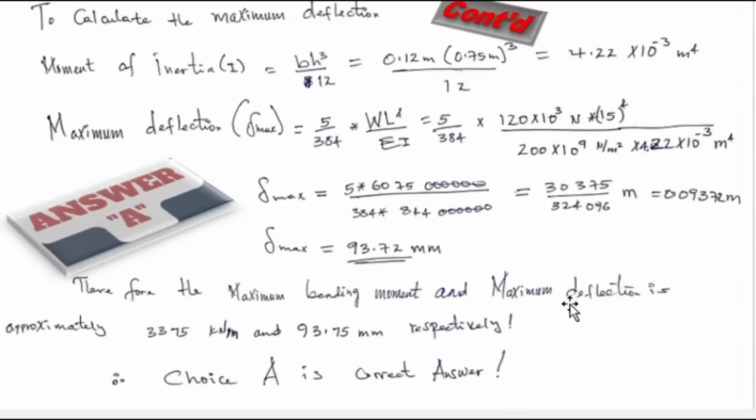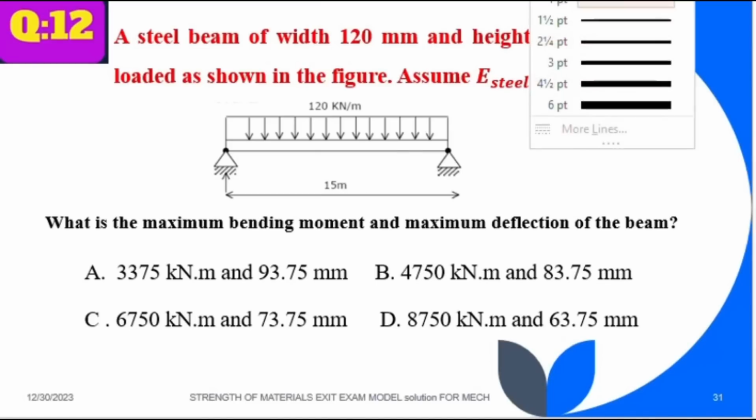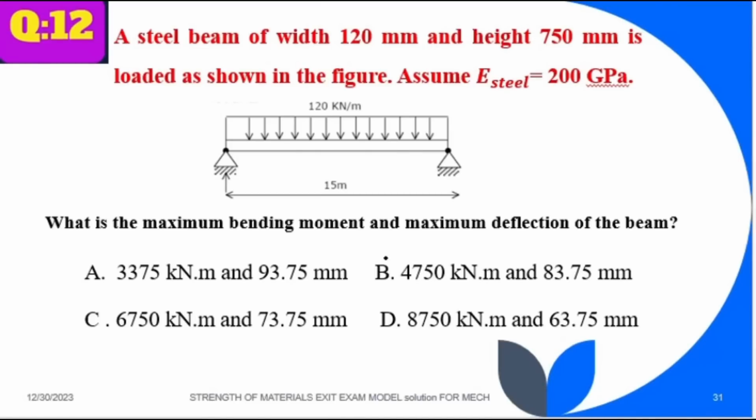And the choice with this answer is choice A. Choice A is the correct answer for this question. So the maximum bending moment and maximum deflection of the beam with this given beam is this part. The maximum bending moment is 3,375 kilonewton times meter, and the maximum deflection of this part is 93.75 millimeter. So this is the correct answer.